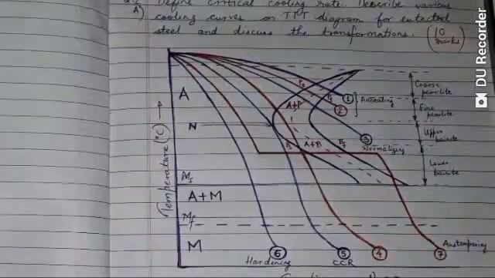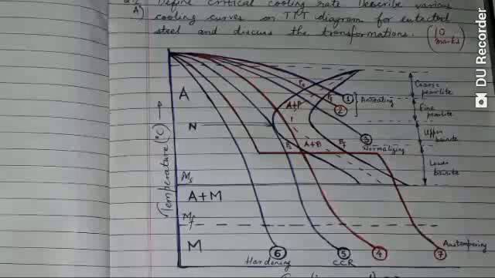So as you can see here, different processes have been shown: annealing, normalizing, and then austempering. And at various temperature or cooling rate, perlite and bainite can be formed, and at certain particular cooling rate you can have coarse perlite, in these temperature ranges, fine perlite, upper bainite and lower bainite.